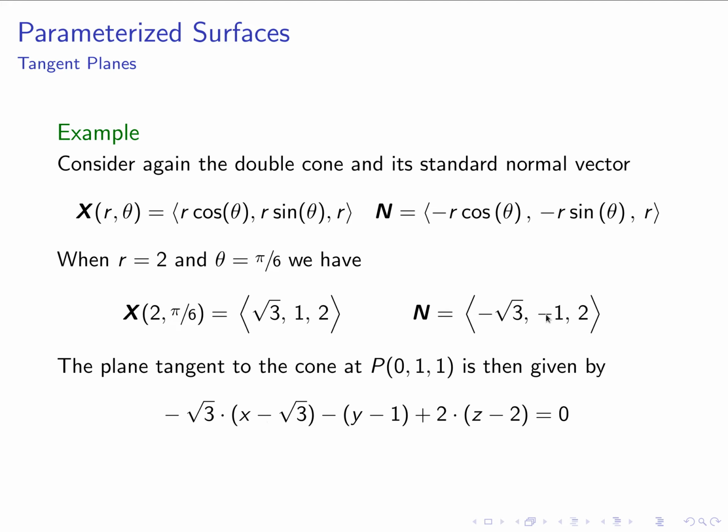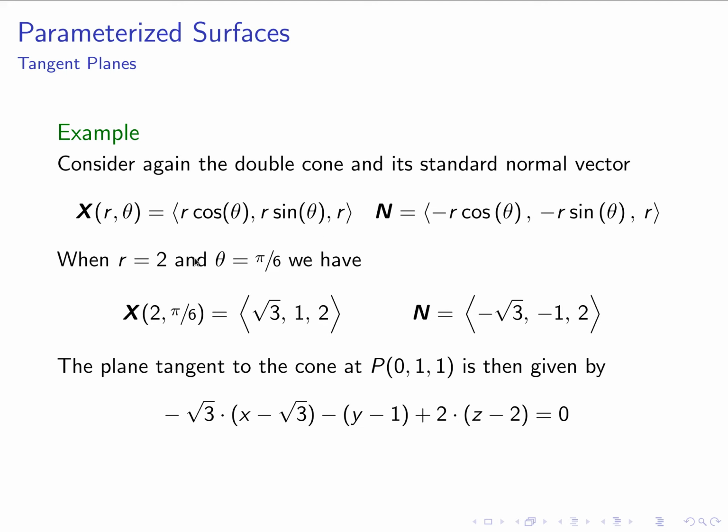Then we subtract 1 multiplied by y minus 1. And then we add 2 multiplied by the quantity z minus 2. And that whole expression has to equal 0 in accordance with the formula of the point normal equation of a plane.